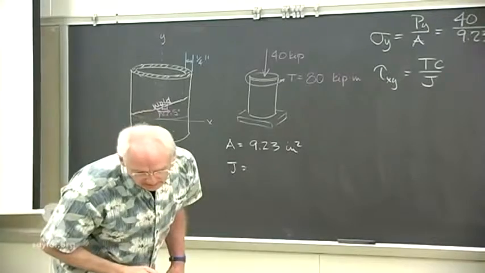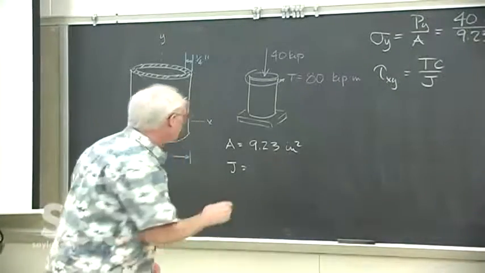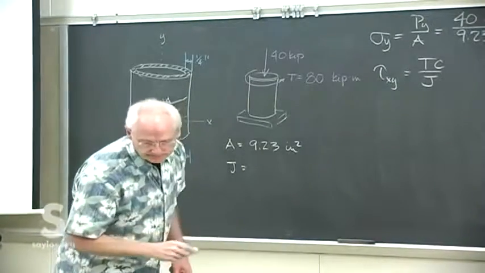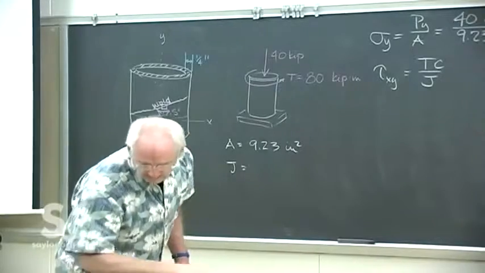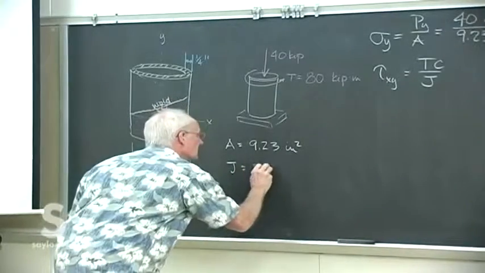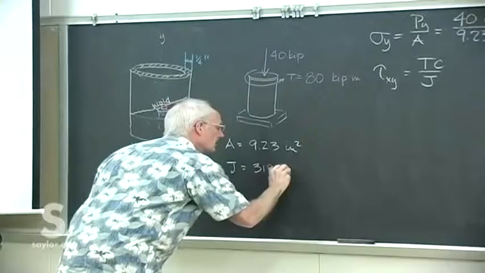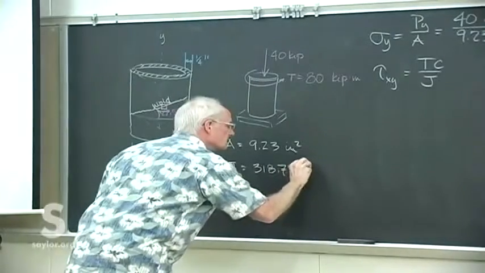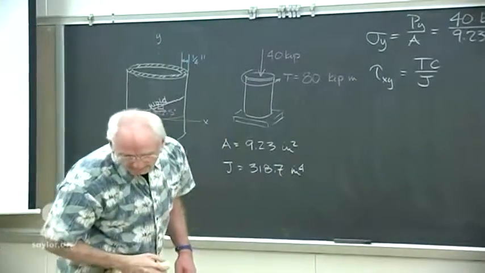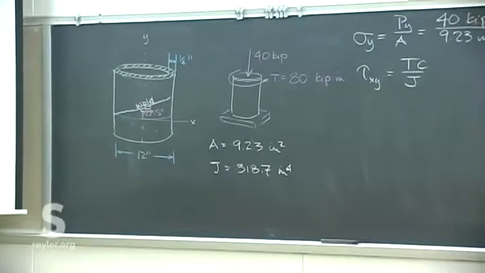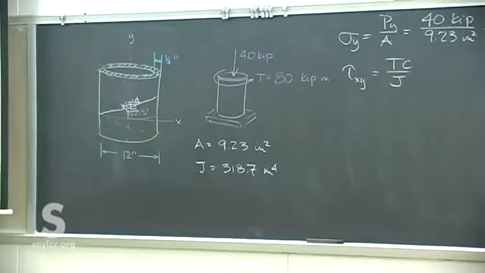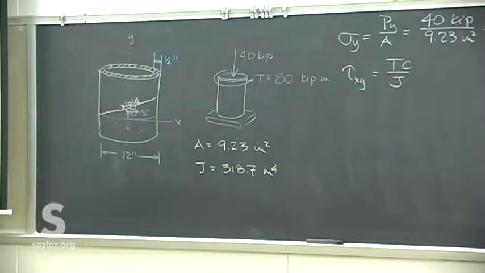Hopefully you remember how to calculate that. It's in the book. That comes out to be like 318.7 inches to the fourth. Remember, that's like 1/2 pi times co to the fourth minus ci to the fourth for outer and inner radii.